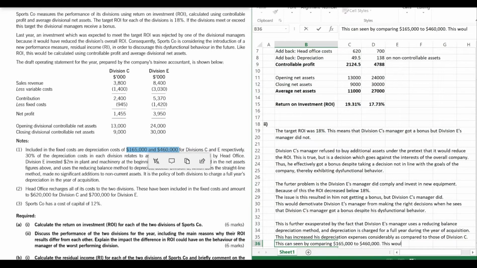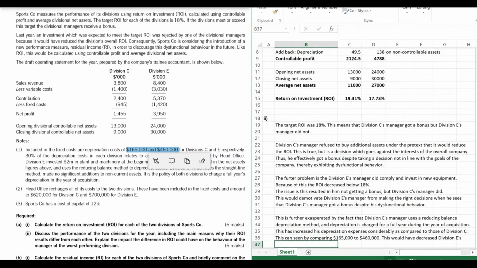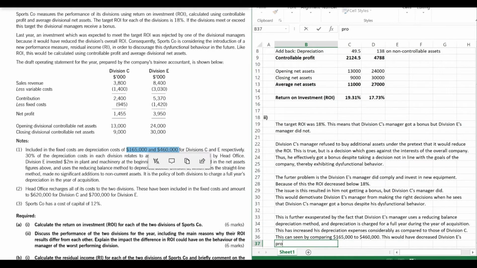This would have decreased Division E's profits and thereby the ROI.